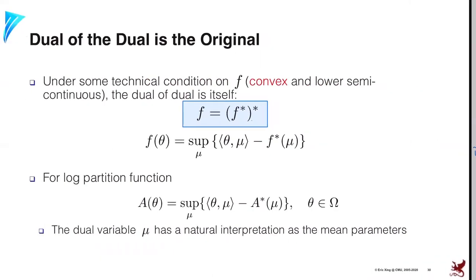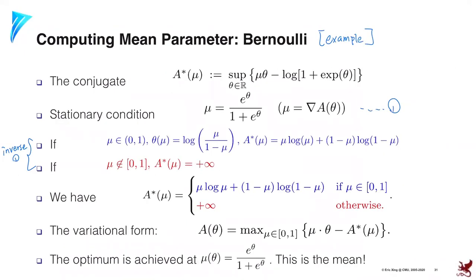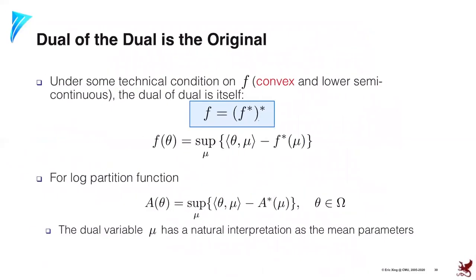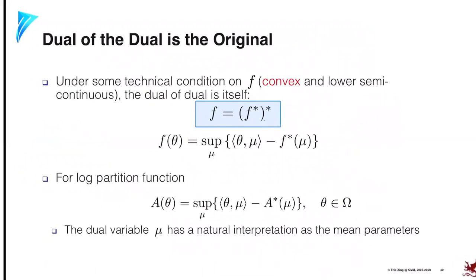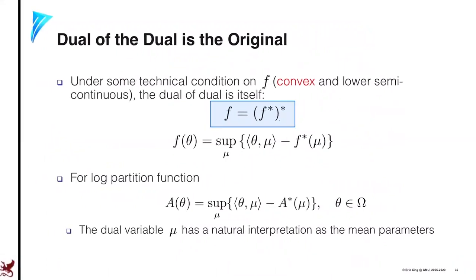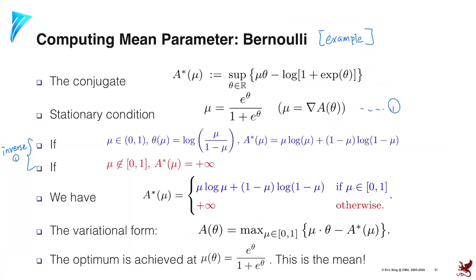Now let's go back to the Bernoulli example to see how it works. First we know that the conjugate A star has this form. This is directly plugging the A function into the formula of the conjugate dual.